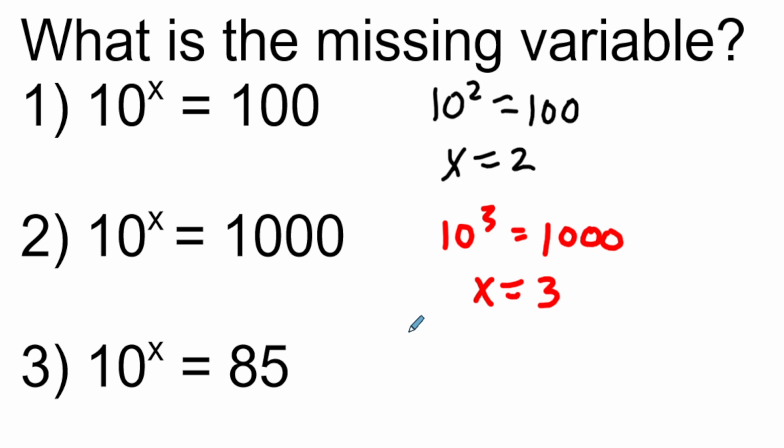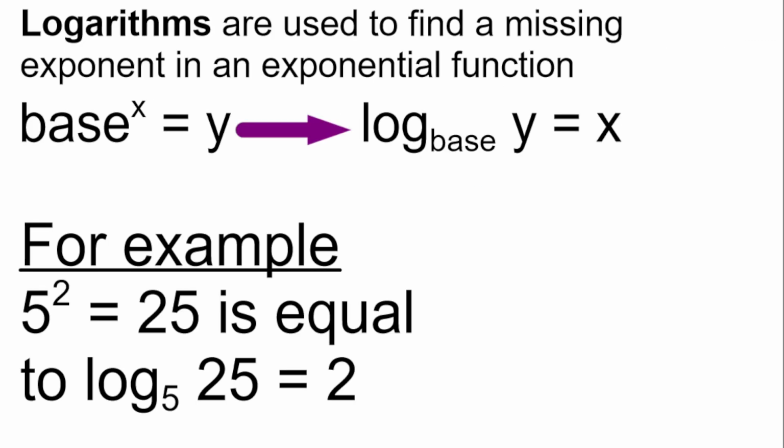That's the way the real world works. It's not always going to come out to be nice numbers like 100 or 1,000. You're going to get messier numbers like 85, and we want to be able to solve for those as well. We're going to use logs to solve for that missing x value and figure out how to get 85 to come out.